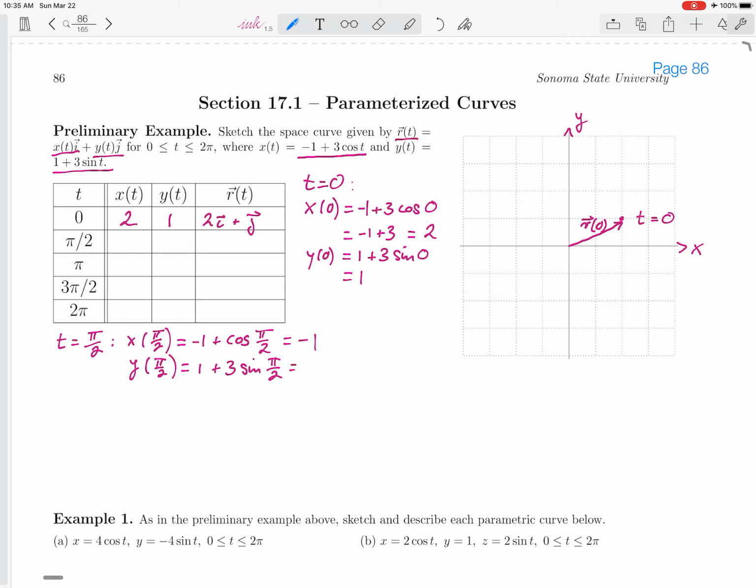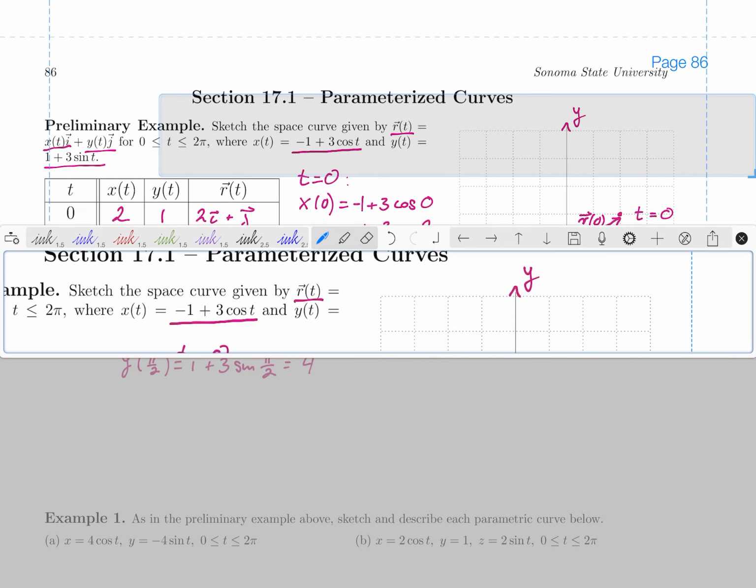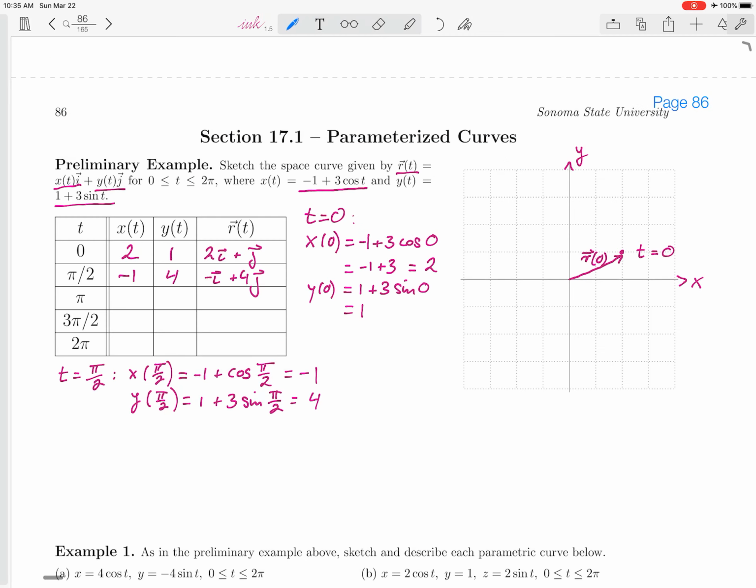And remembering that sine of pi over 2 is 1, we're getting 4. We can enter that in our table. So we have minus 1, 4, and the vector is minus i plus 4j. And we can also draw that in. So minus 1, 4 is up here. So this is the vector r of pi over 2, right there.